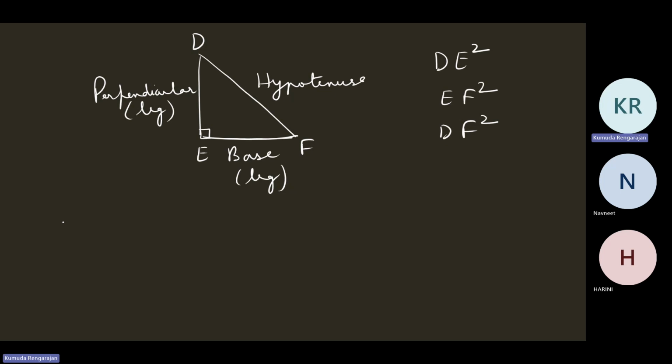Now the result is DE square plus EF square is equal to DF square. We'll first understand how to write this equation given by the Pythagoras theorem. Then I'll tell you the statement in words.